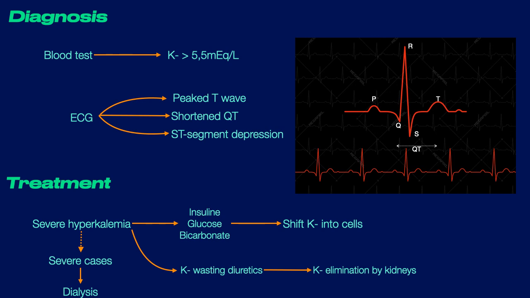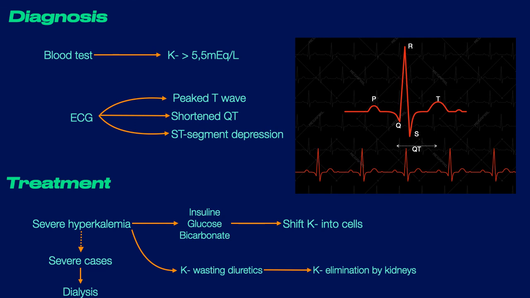Okay, so peaked T wave, a shortened QT interval that you have drawn here with a dotted line, the QT, and an ST segment depression. All right, so it won't be a normal electrocardiogram.